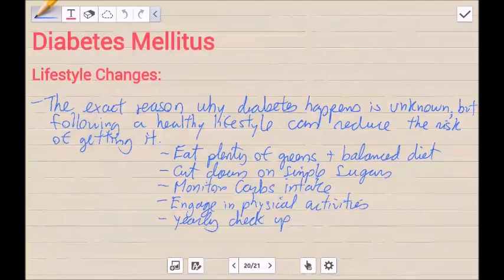We have to cut down on simple sugars so that our blood sugar levels don't spike and go up and down like roller coasters. We have to monitor our carbohydrate intake. We have to engage in physical activities so that the sugar and glucose that we consume is broken down, and we keep the cycle going.